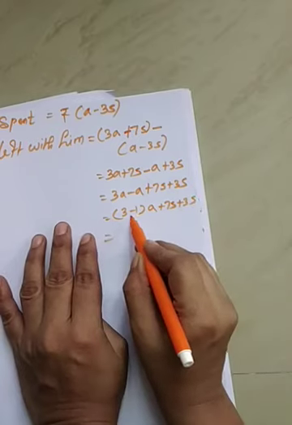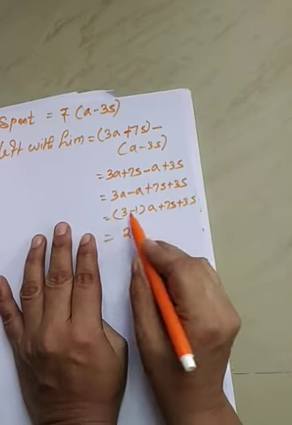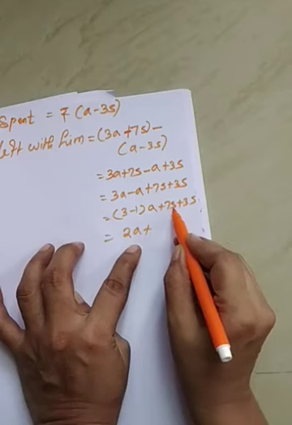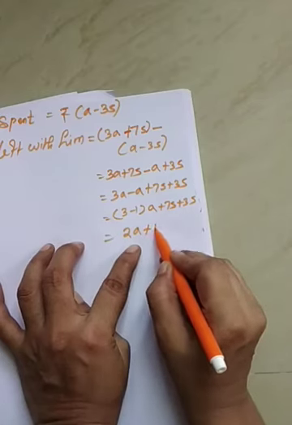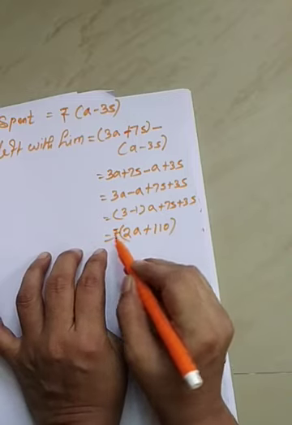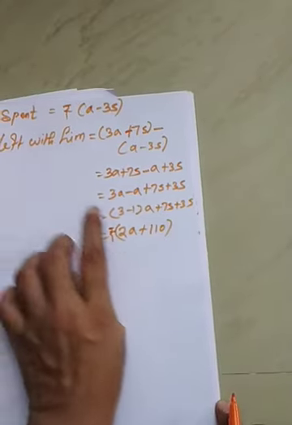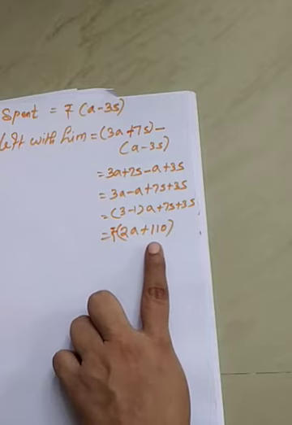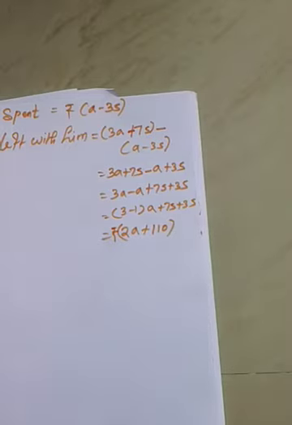What is 3 minus 1? 2. So 2a plus 75 plus 35, which is 110. So the money left with him is rupees 2a plus 110. Okay.